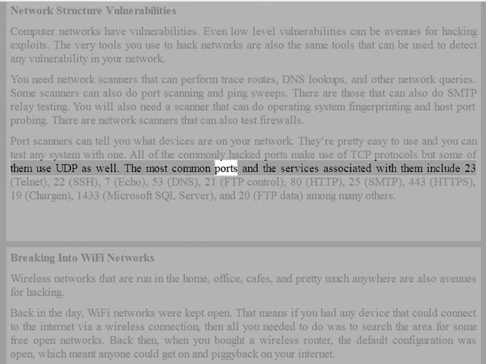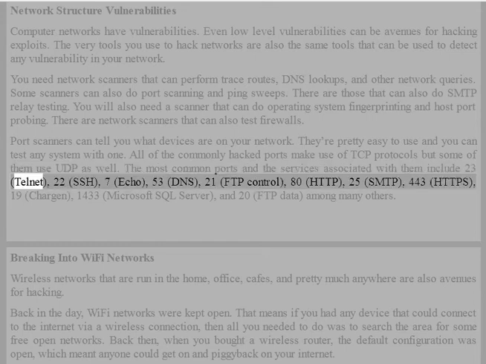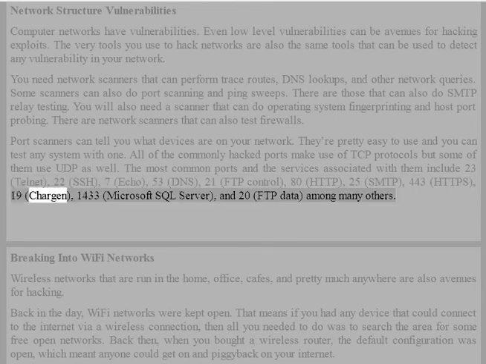The most common ports and the services associated with them include 23, Telnet; 22, SSH; 7, Echo; 53, DNS; 21, FTP control; 80, HTTP; 25, SMTP; 443, HTTPS; 19, Chargen; 1433, Microsoft SQL Server; and 20, FTP Data, among many others.